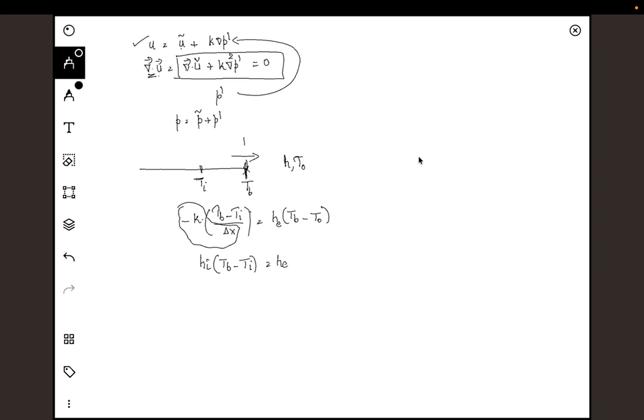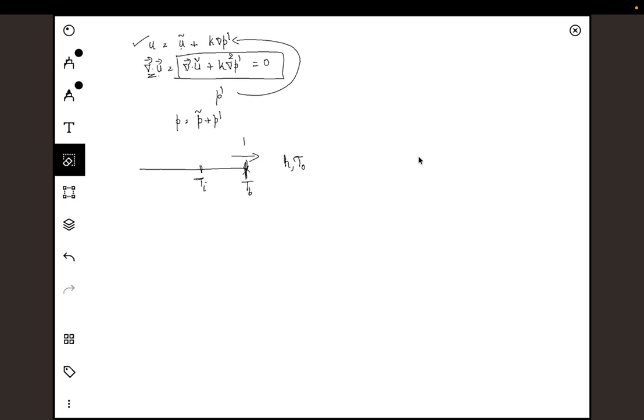So I can write an expression like this. What we are interested in is finding this TB, because I need that in order to be able to solve the equation. Okay, the flow is happening in this direction. If you rewrite the equation, this will be minus K times, assuming that it is in this direction, this temperature should be higher than this.